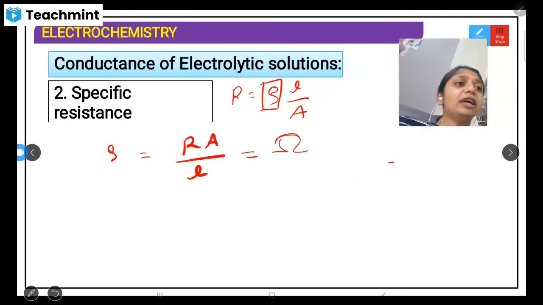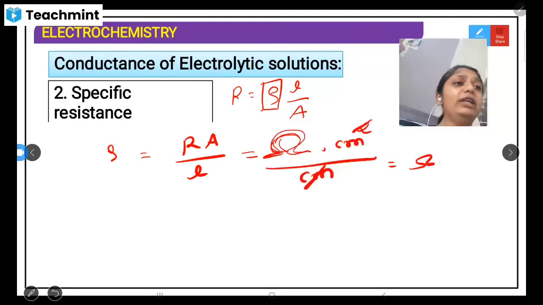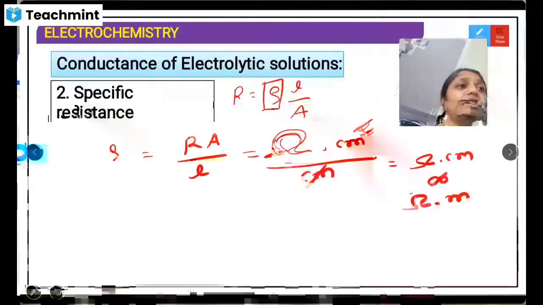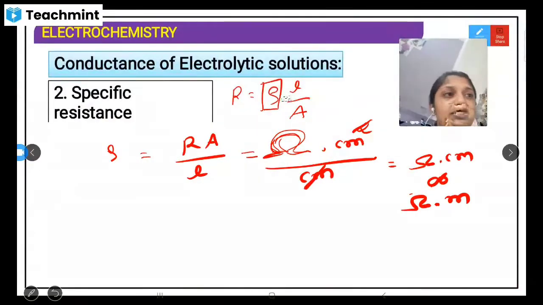So finally you will have the unit ohm into centimeter, or if the length and the area are given in meter, then your unit is ohm into meter. So we have learned resistance and specific resistance here.